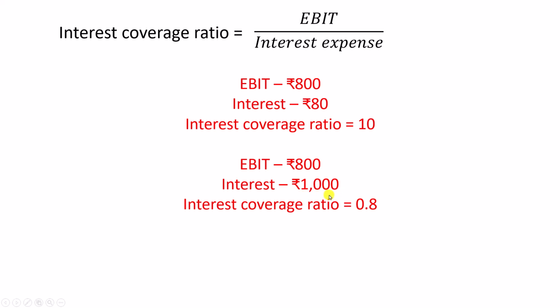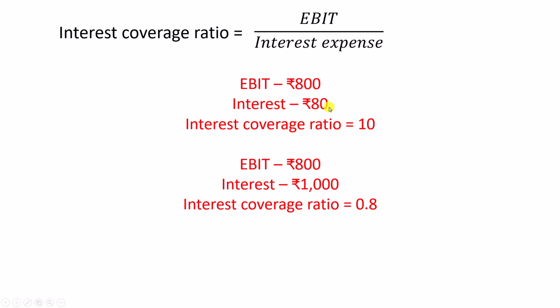Interest to be paid is 1000 crore rupees, but the company is earning 800 crore rupees. Interest is more than the earnings, meaning it cannot pay interest from these earnings.